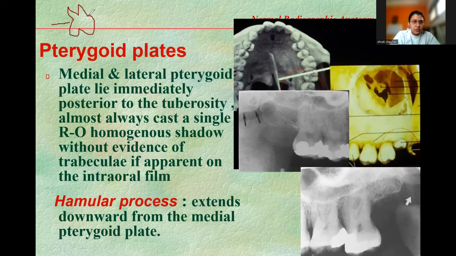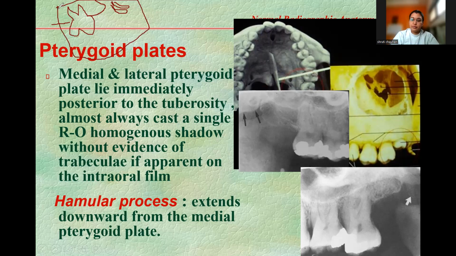Okay. So this is your third molar. And this is your tuberosity region. Okay. Now after this, you will have a bone which is pointing backwards like this. Okay. So they're two together. So medial and lateral plates. And this you will see on a radiograph when you take an IOPA position like this.